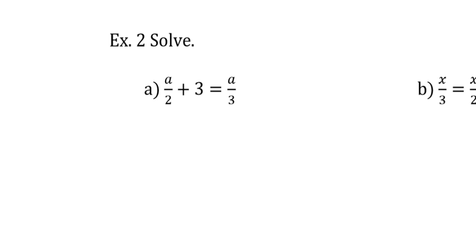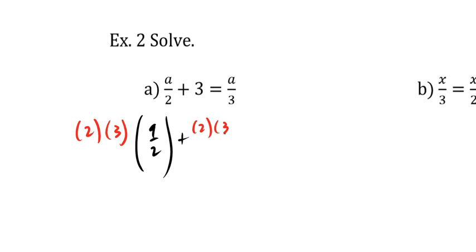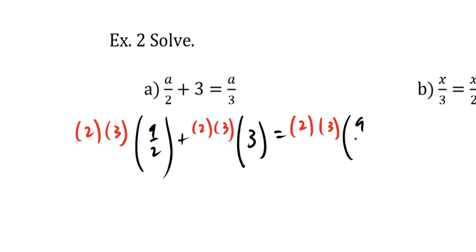So I would just put my pencil down for a second and watch. I'm going to multiply everything in here by all the denominators. So I'm going to multiply by 2 and by 3, a over 2, plus multiply by 2 and by 3, 3, equals multiply by 2 and by 3, a over 3.